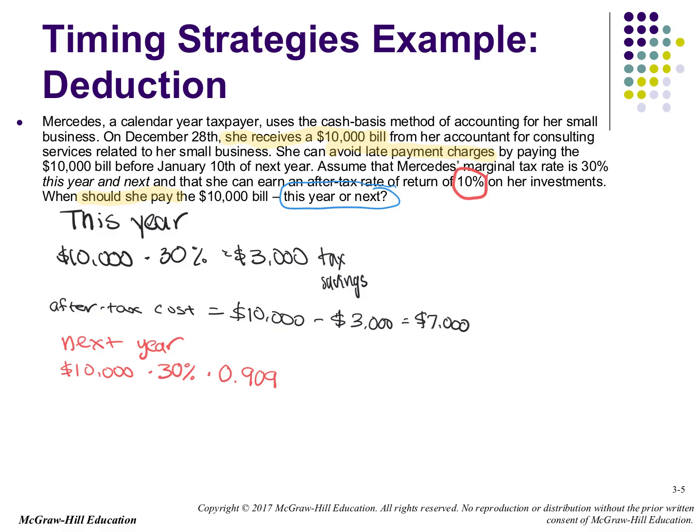If we do all of that math, we will get $2,727 in tax savings.